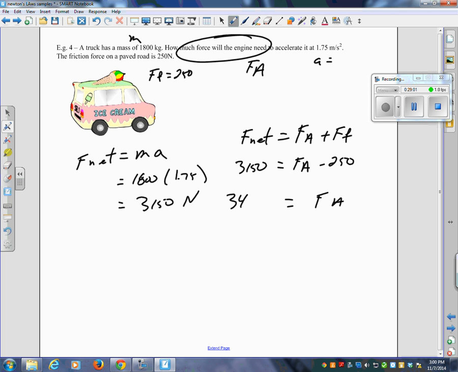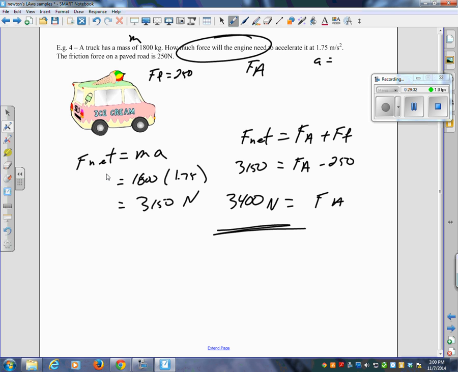The correct answer is 3,400 newtons. Let's stop and think about this. If you need a net force of 3,150 to accelerate at 1.75, that's the force needed after friction has already been subtracted. So you have to add the friction on.